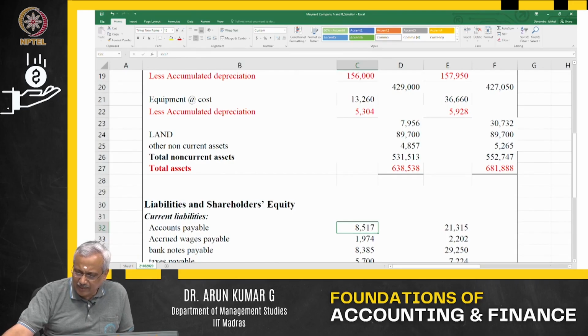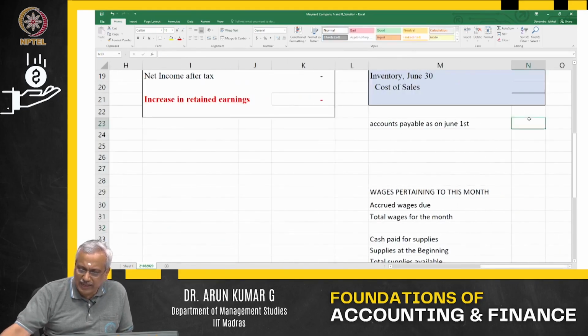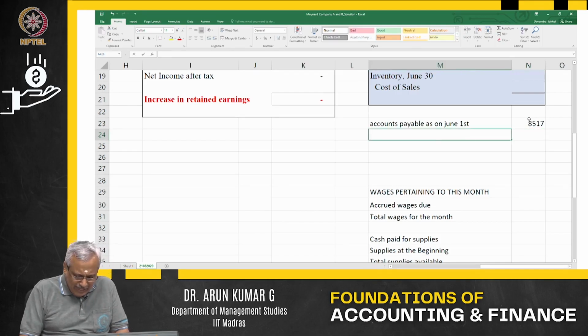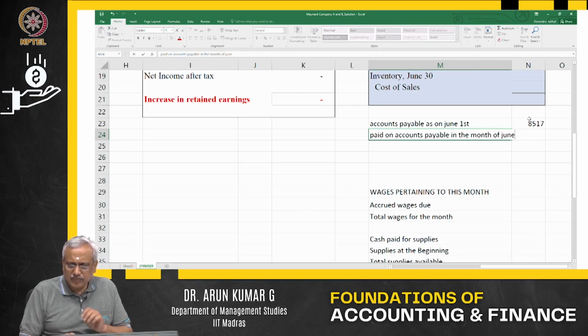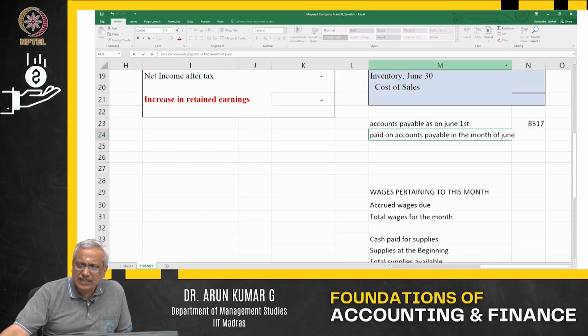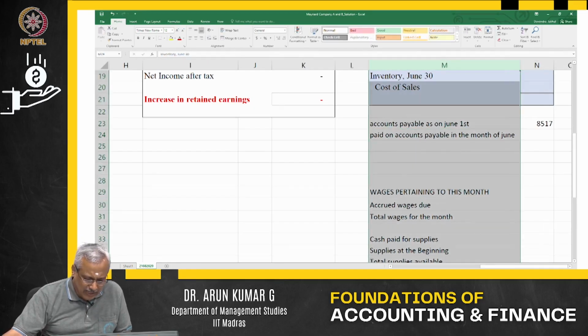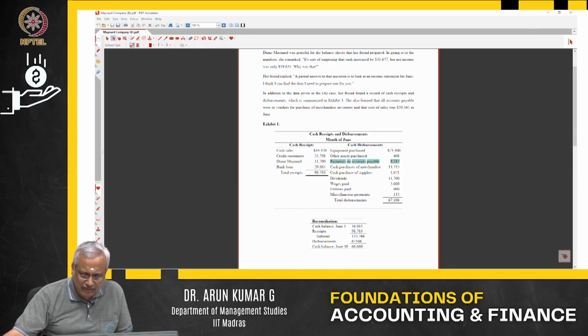That is the amount of money that I have to pay, 8517. What is the amount paid on accounts payable in the month of June? The amount paid in the month of June, if you look, you see here, it says 8517.